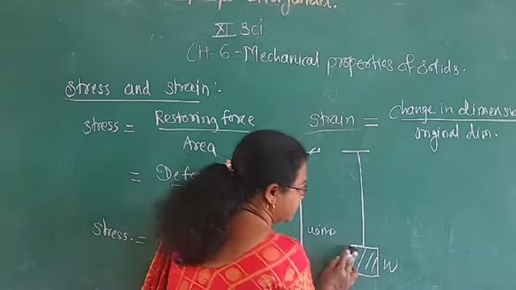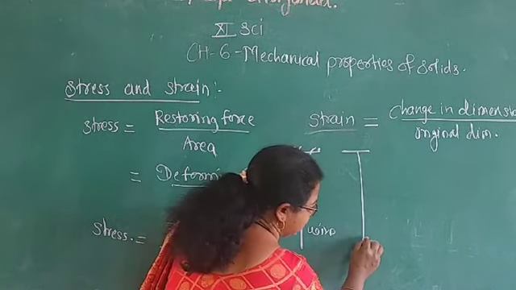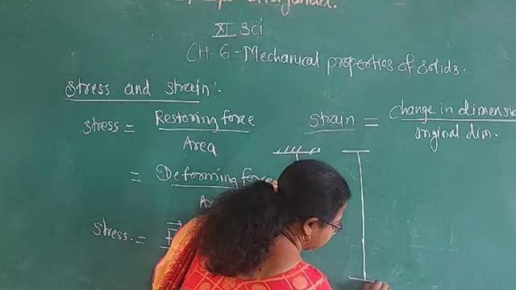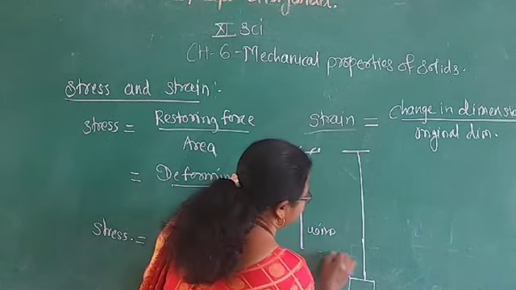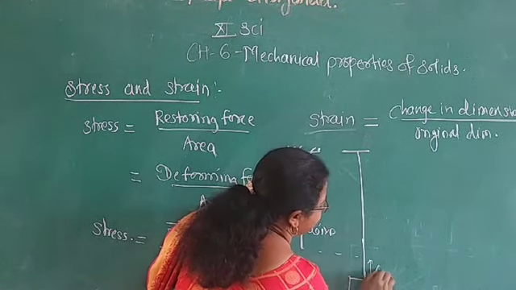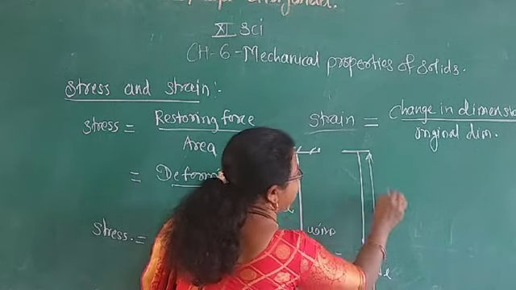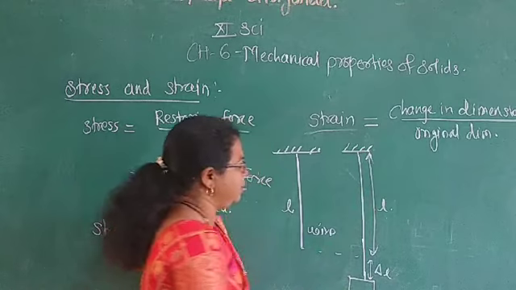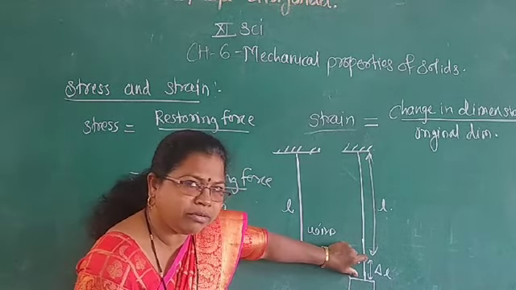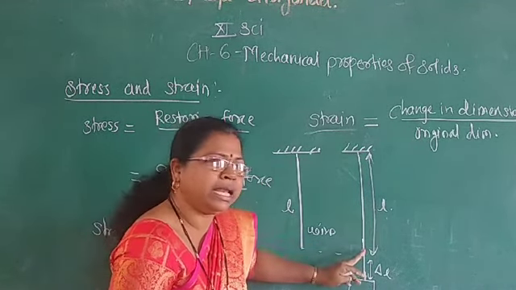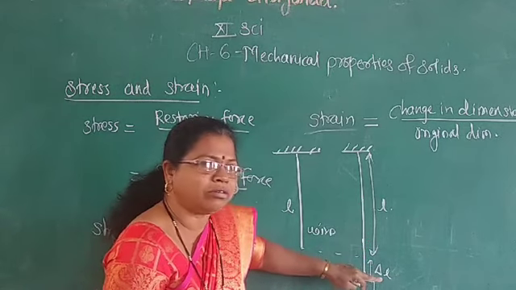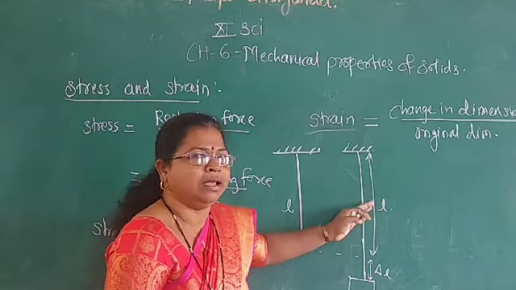Then what happened? Its length changes, and suppose the change in length is delta L and the original length is L. Therefore, the final length is equal to L plus delta L.